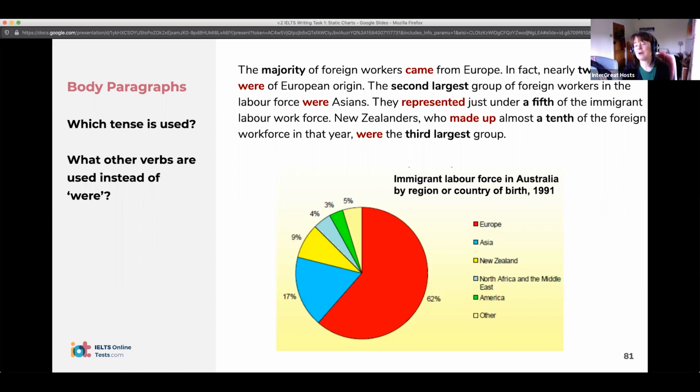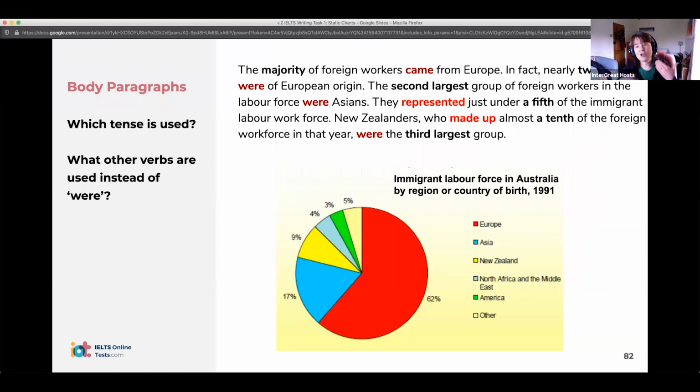Okay, very good, Tuan. Amount to, or made up, or here we've got represented as well. But amounted to is very good. In a pie chart, you could say occupied, but more generally represented, accounted for, made up, or amounted to.